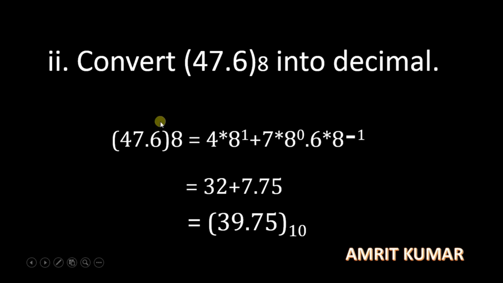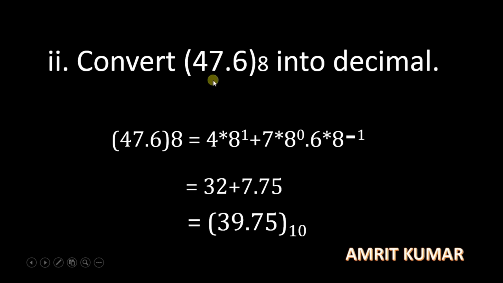So we are calculating it. We have to convert this fractional octal number into a decimal number. We know the rule: we multiply with the base of the octal number, that is 8, to the power of its position.